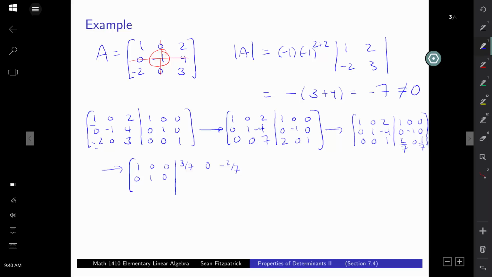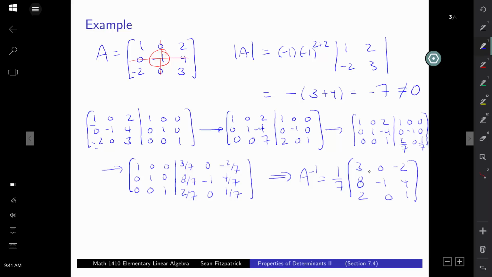And so I'm going to get 8 over 7, minus 1, 4 over 7, 2 over 7, 0, 1 over 7. So that suggests that my inverse should be, and let's put that 1 over 7 out front, 3, 0, minus 2, 8, minus 1, 4, 2, 0, 1.